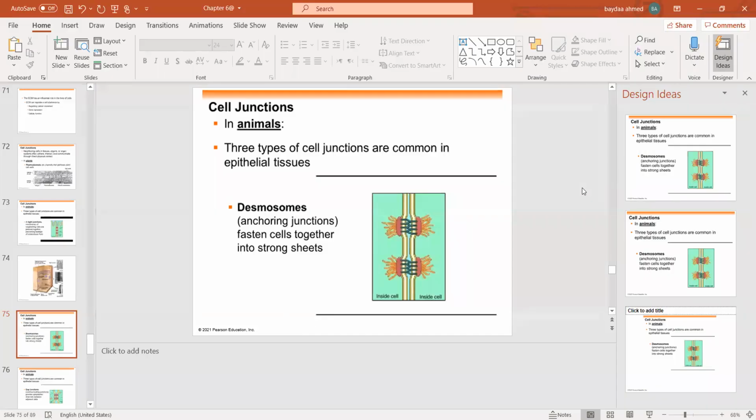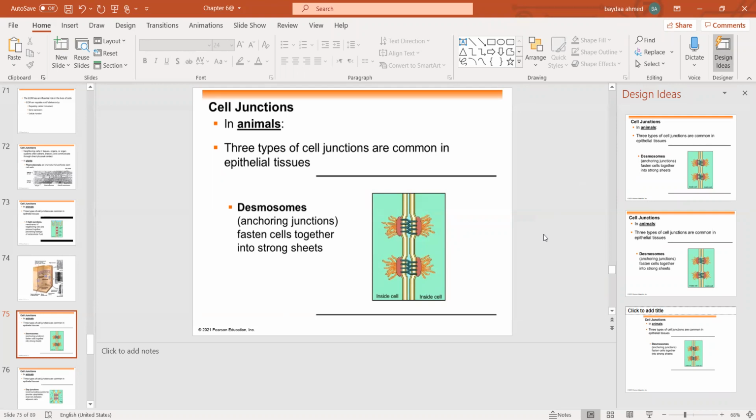The second type of cell junction in animal cells is the desmosome. Desmosomes are one type of anchoring junction, like rivets, fastening cells together into strong sheets.